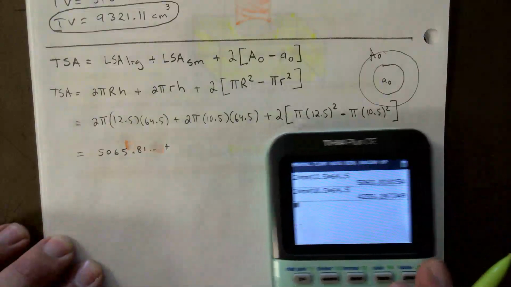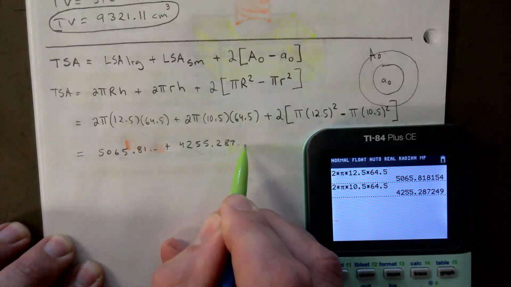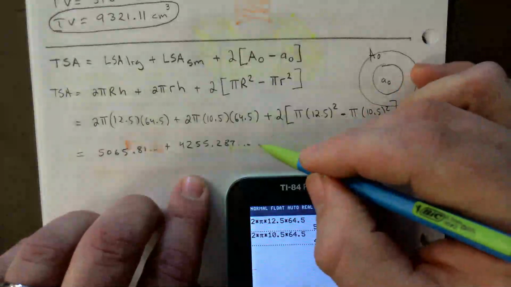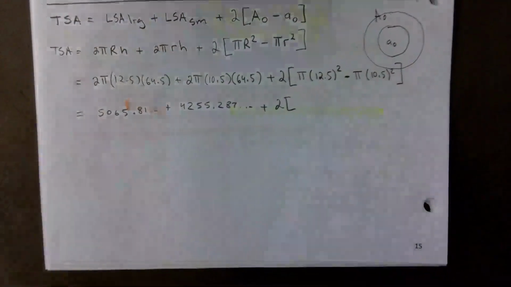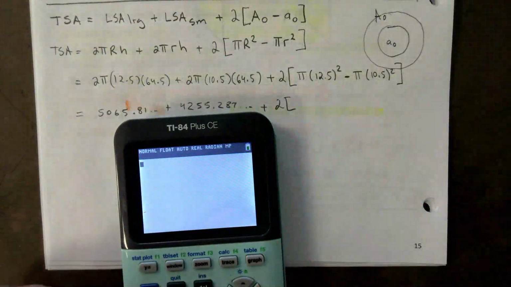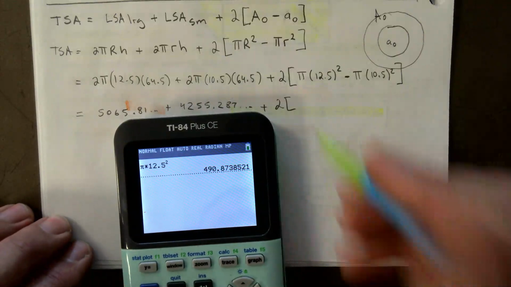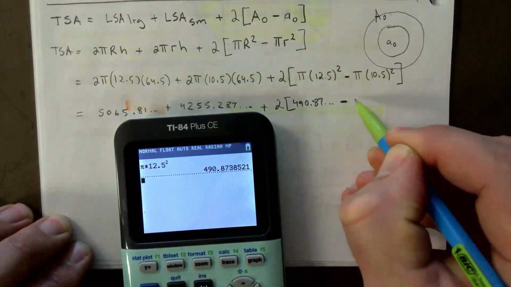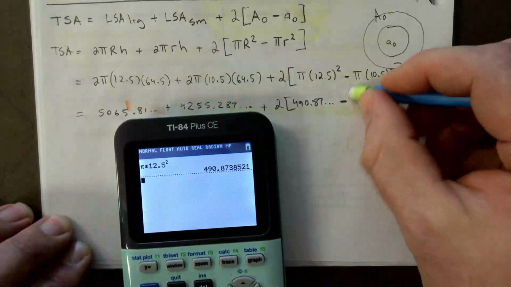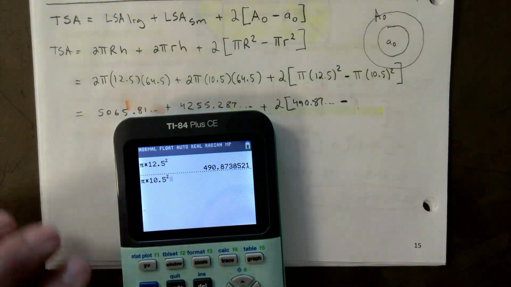Enter. That's 4255.287. Plus 2 times. I'll do the 2 times later. Let's go pi times 12.5 squared. That's 490.87, minus pi times 10.5 squared.